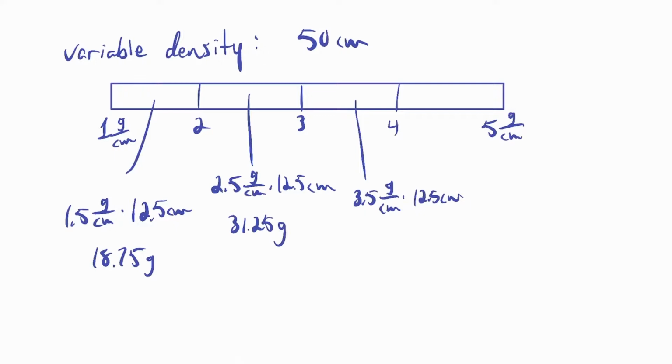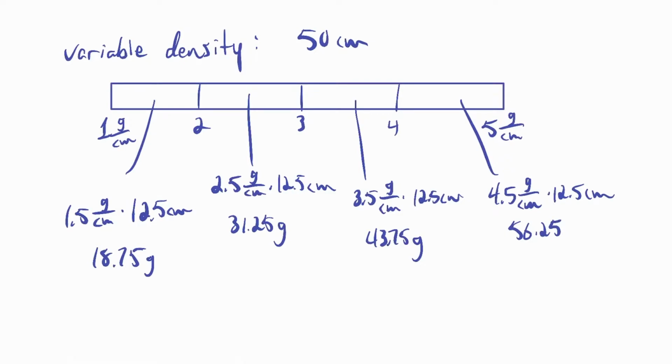That's going to be 43.75, I believe. We'll check this in a moment. 43.75 grams. And this last section is 4.5 grams per centimeter times 12.5 centimeters. So that's going to be 56.25.